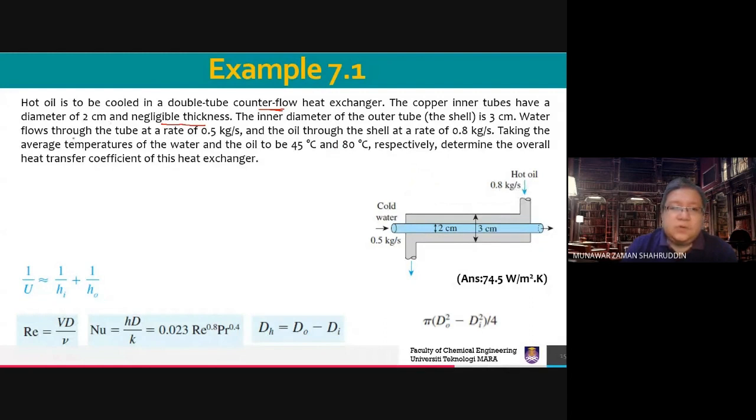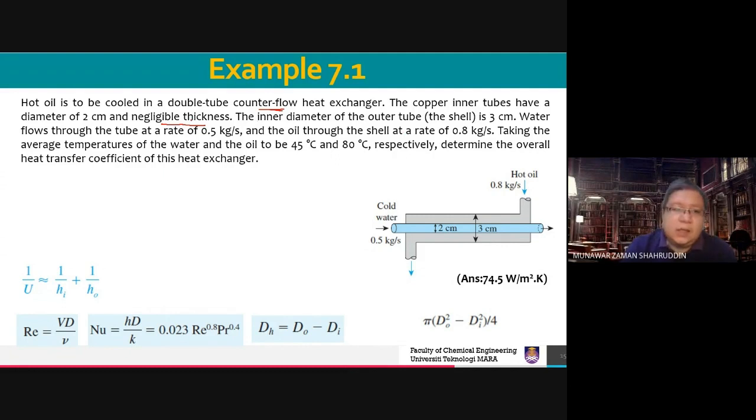Water flows through the tube at 0.5 kg per second. Ni dah beritahu kat sini. And the oil through the shell at a rate of 0.8 kg per second. So we know that the cold water is inside the tube, whereby hot oil is in the shell ataupun in the outer cylinder.